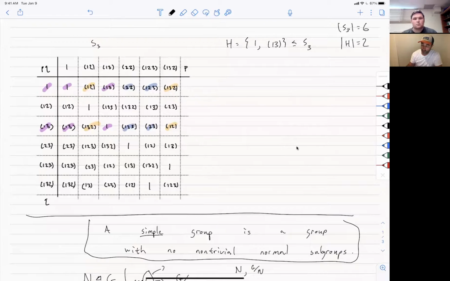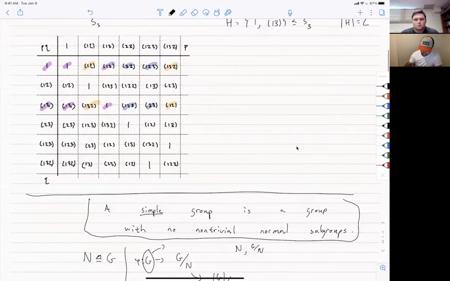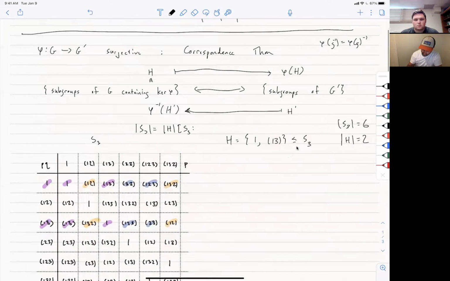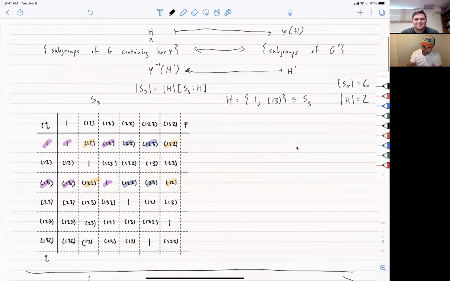And we know Lagrange's theorem. Lagrange's theorem says that the number of elements in S3 should equal the number of elements in H times the index of H in S3. Okay, so what we see in this particular case is that we have 6 equals 2 times 3.